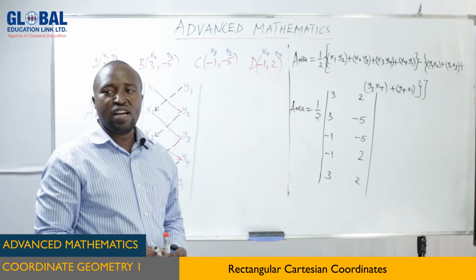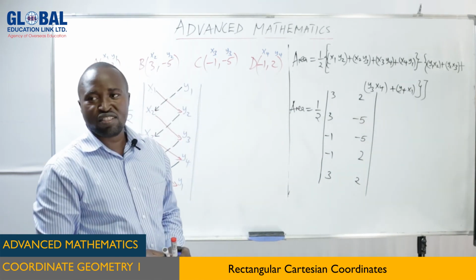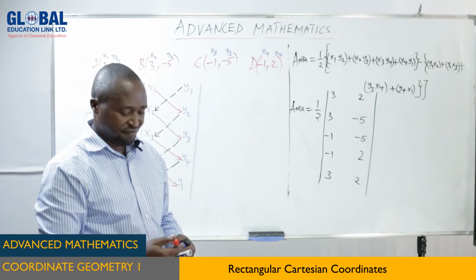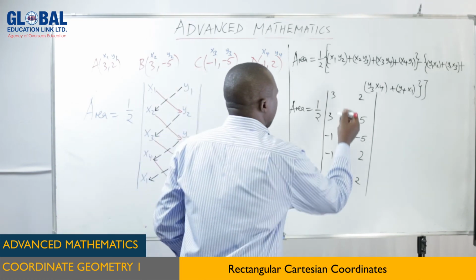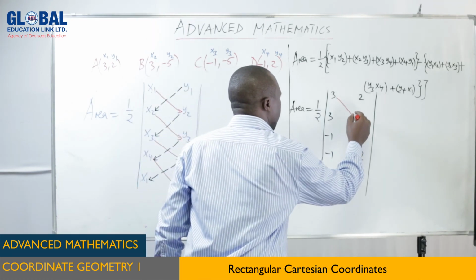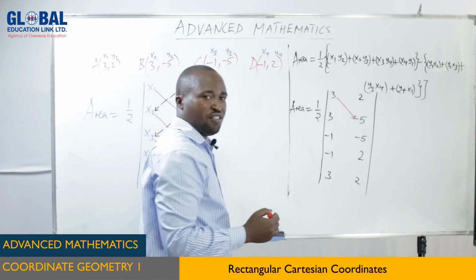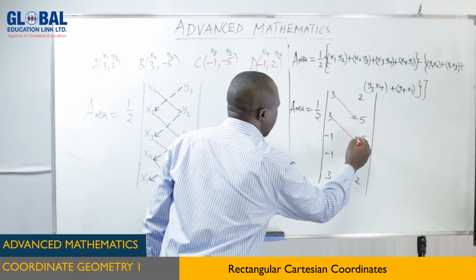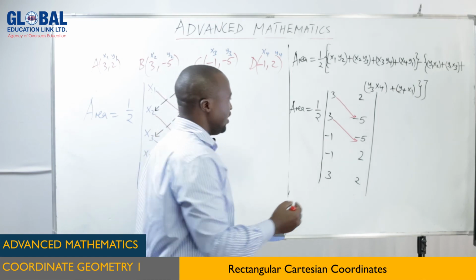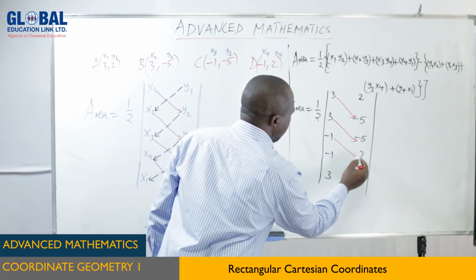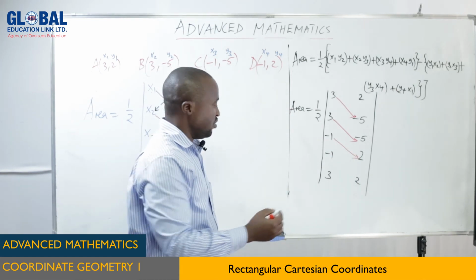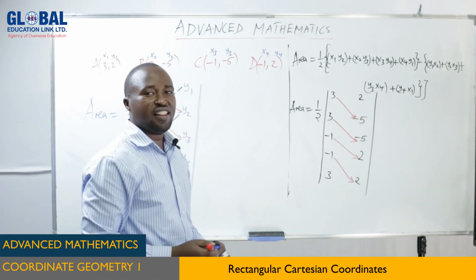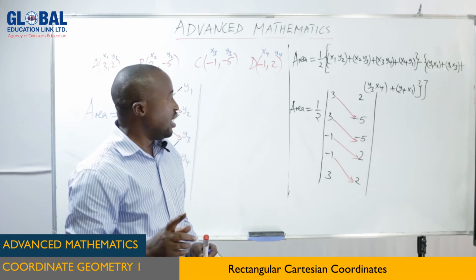So again, remember we are using arrows and dotted arrows to separate our coordinates. So 3 will go with negative 5, followed by 3 again and negative 5. Then we have negative 1 and 2. Then negative 1 again and 2. That is for the case of arrows.